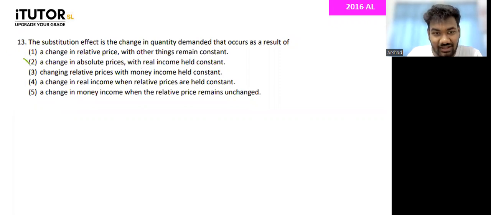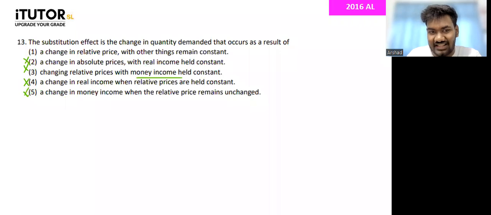Change in relative price, with money income held constant, not only money income, everything is held constant. The money income is constant, price of complement, price of substitute, everything is constant. You can't only say money income is constant, okay? Change in real income, no, we don't talk about that in substitution, that is income effect. Change in money income, again, no, right?